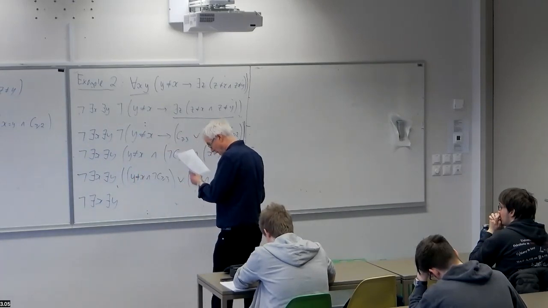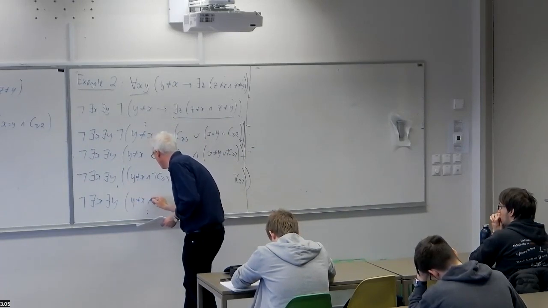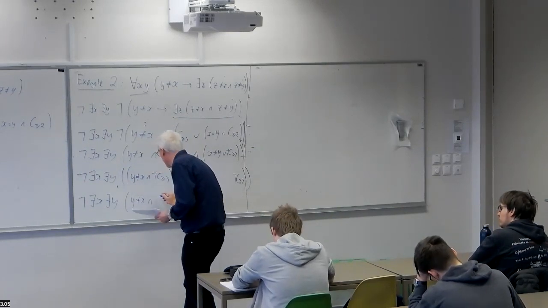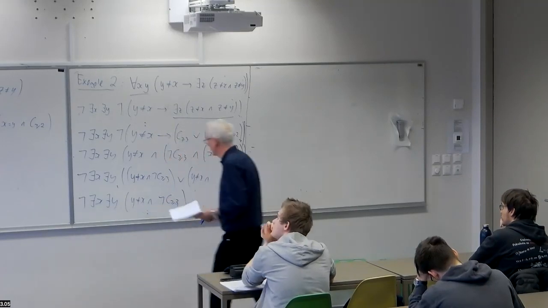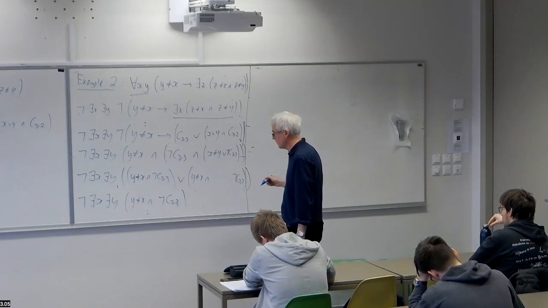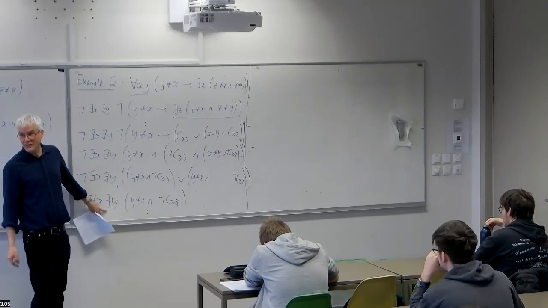So this is the same as there exists X, there exists Y, such that Y is not equal to X, and it's not true that the cardinality is greater than or equal to 3. That is, the cardinality is strictly less than 2. Okay, now we're finally in the form star here.